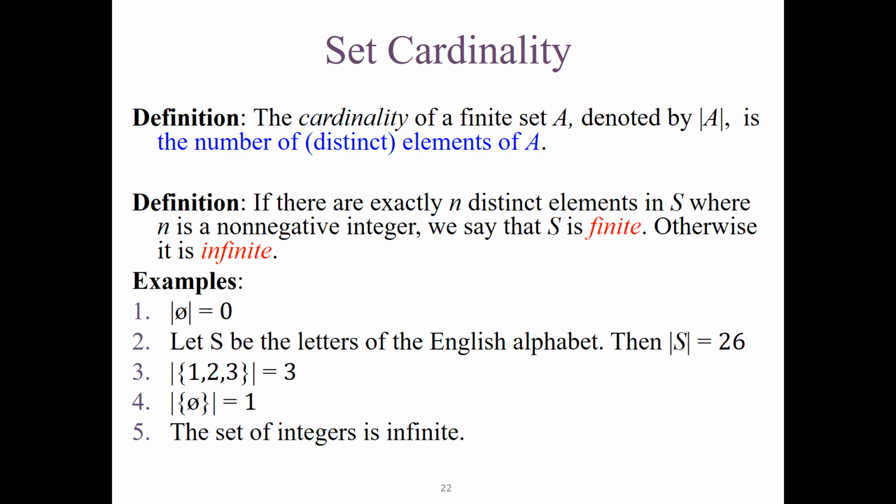In this case, once we have 1, 2, 3 in this set, the cardinality will be 3. Last one, the set of integers is infinite, because for integers 1, 2, 3, 4, 5 to infinity, we cannot count the actual number n. So the set of integers will be an infinite set.